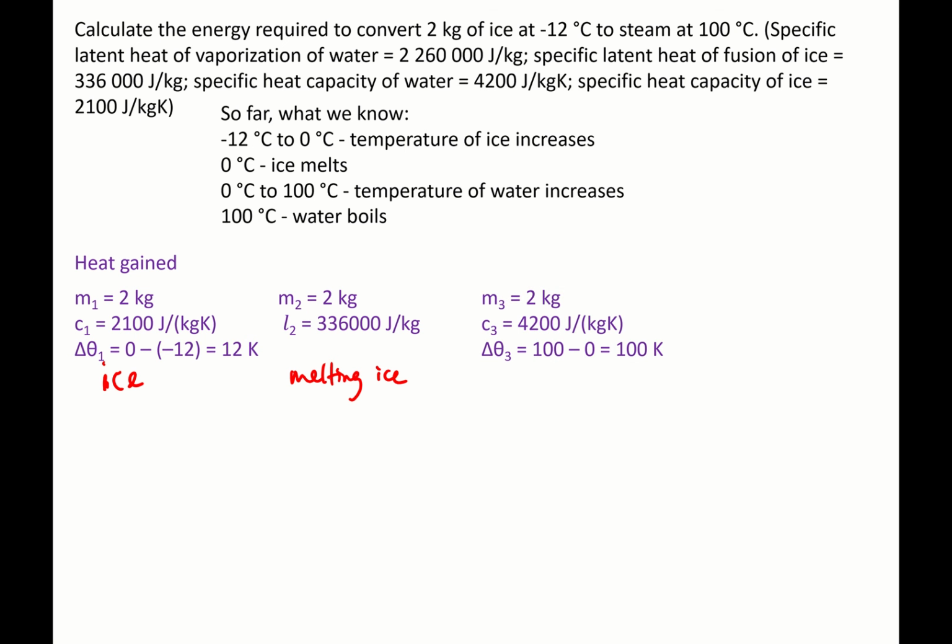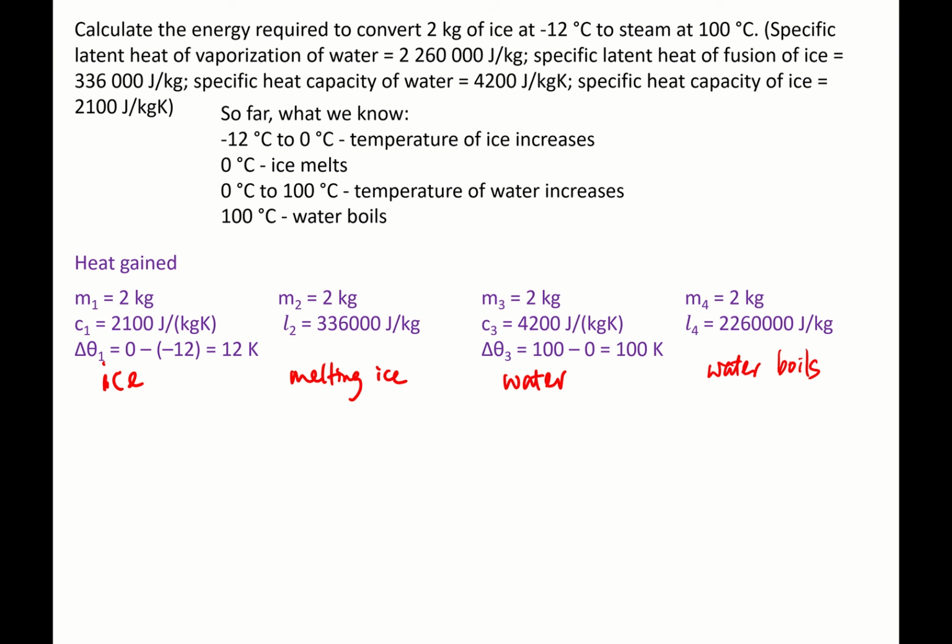And then M3 C3 change in theta 3, this refers to the temperature of water increasing. So I pack all this data here. And finally, M4 and L4, this is where the water boils. This is where it is converted from water to steam.